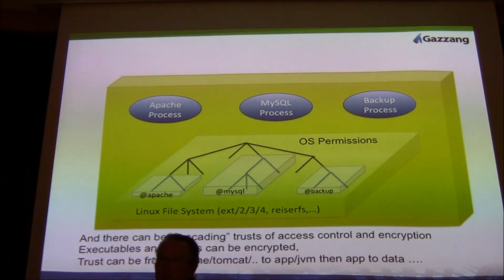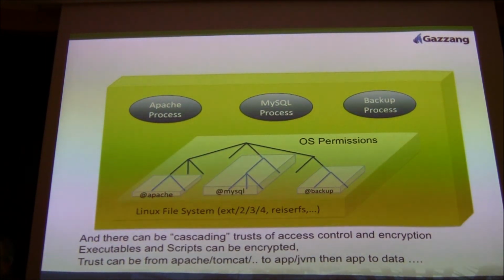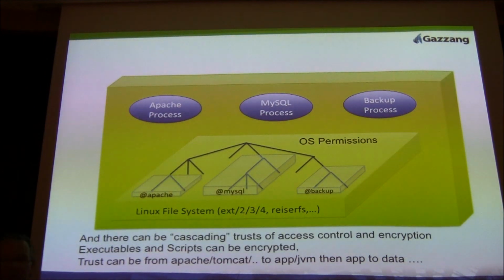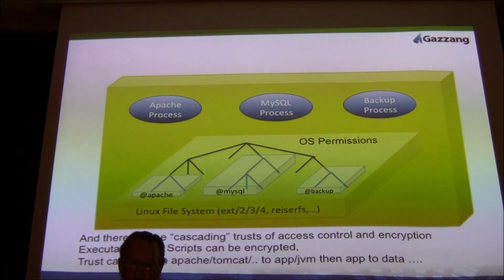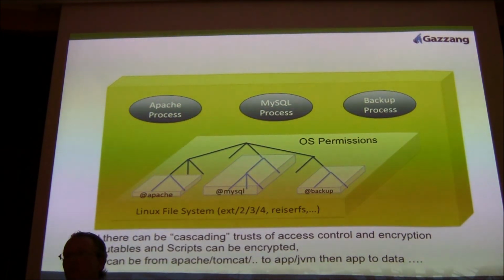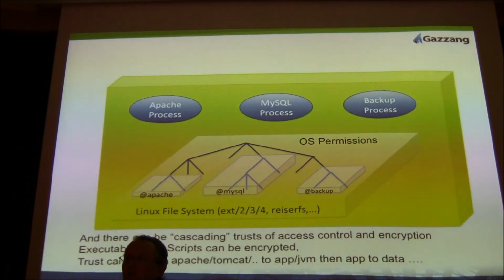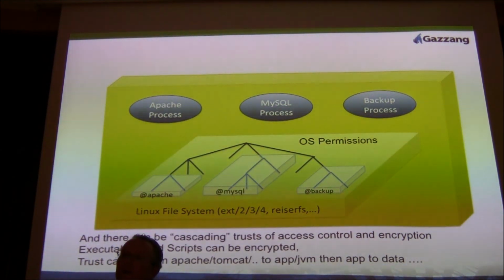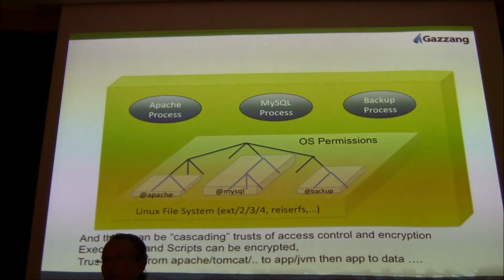So basically, once I've got this set up on the system, it's going to look like this, where I've got different directories mapped into encrypted pockets, and then mapped to the process that I have. The other cool thing you can do is cascading trusts. For example, we have a customer that encrypted their JVM so that it could only be trusted and run from Tomcat.